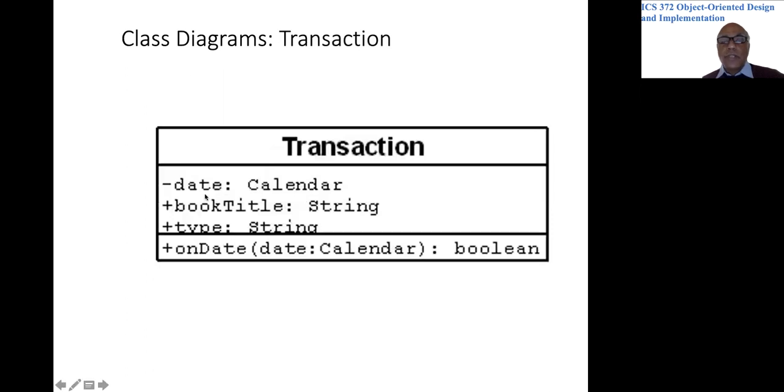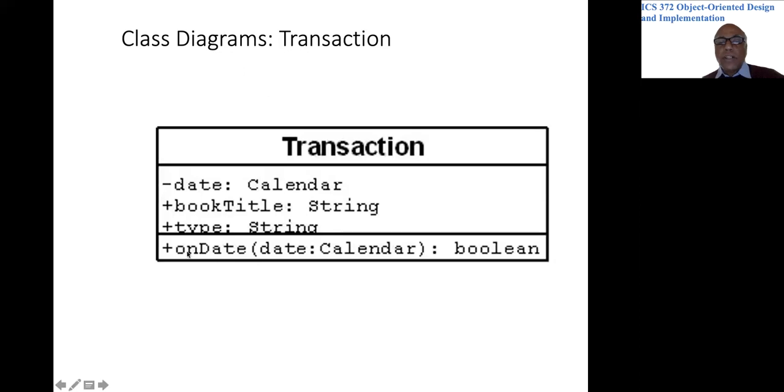Transaction, we talked about the fields for this, the type, the book title, and the date. These two fields, book title and type, have to be accessed by the user interface class, so they have to be public.